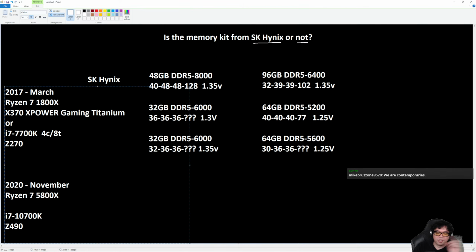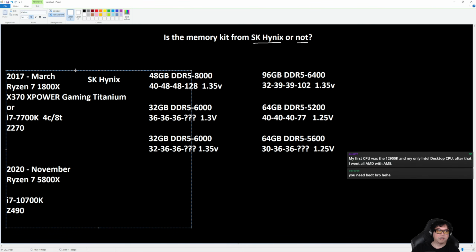Z590 was 2021. Z490 motherboard. So I would literally have to spend on a new motherboard if I was on the Intel. So basically, it's a cost savings thing. It is definitely a cost savings thing to be on a platform that has longer upgrade cycles.